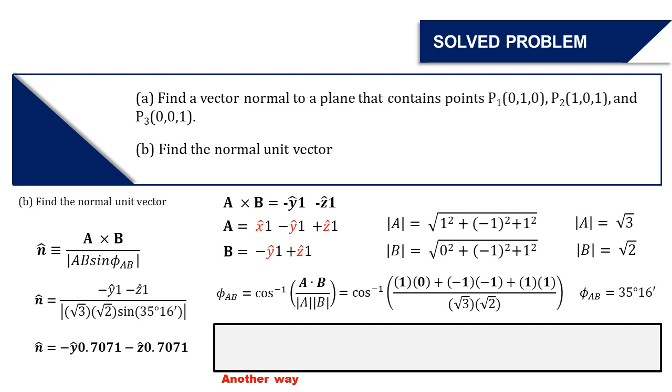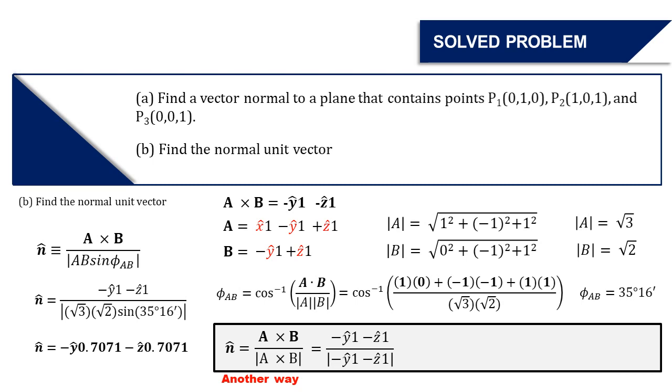This is another way in getting the normal unit vector. Since nakuha naman na natin yung ating cross product, kukunin lang natin yung unit vector ng cross product. And yung ating normal unit vector ng cross product na yan is equal to the cross product divided by the magnitude ng cross product na yan.